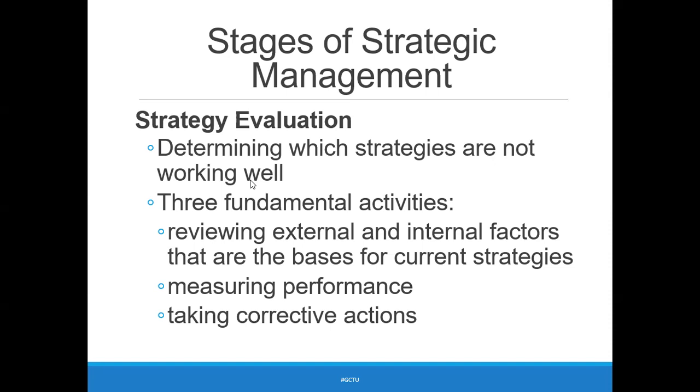So three fundamental activities are essential during strategy evaluation. And this includes reviewing external and internal factors that are the bases for current strategies. It is also followed up by measuring performance to see whether it is deviating from the standards that were set from the outset of the business operations. And lastly, but most importantly, taking corrective actions.